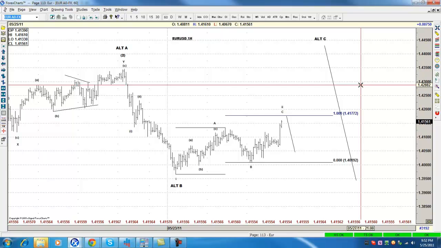The second scenario is a nest, where we're going to see the dollar testing lower, but not that low like in the scenario that we have in the flat. So let's start today with the individual pairs, and then we're going to get back to the oil and the dollar in the other chart.